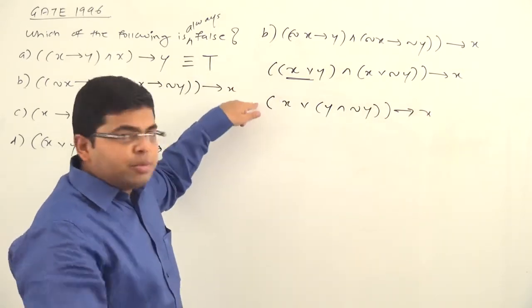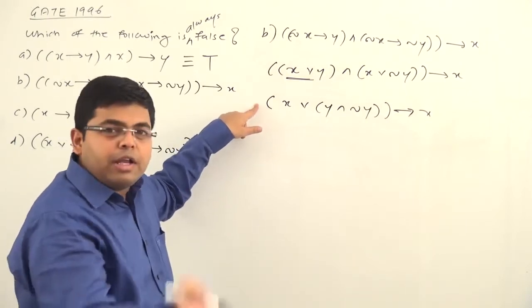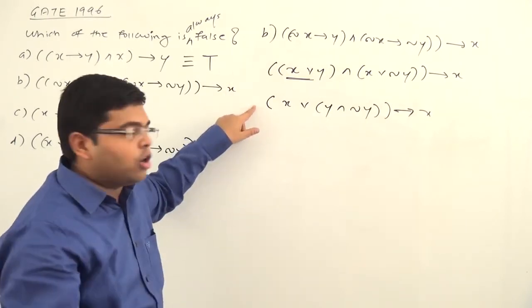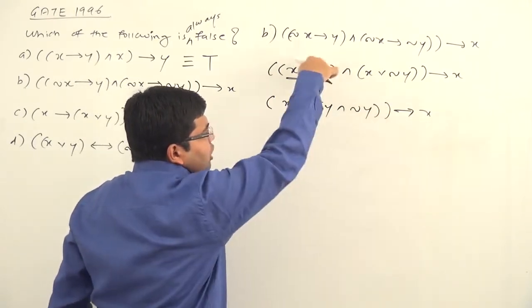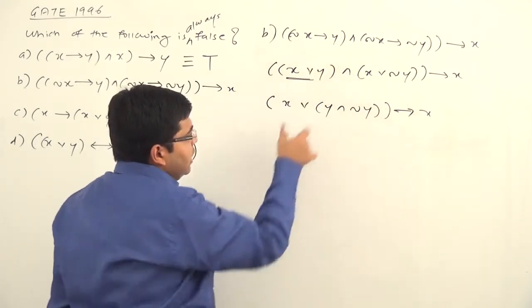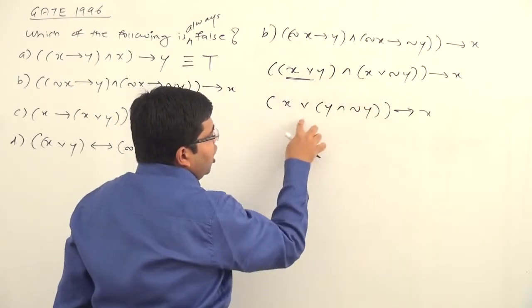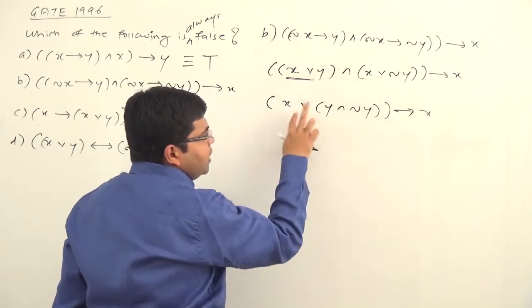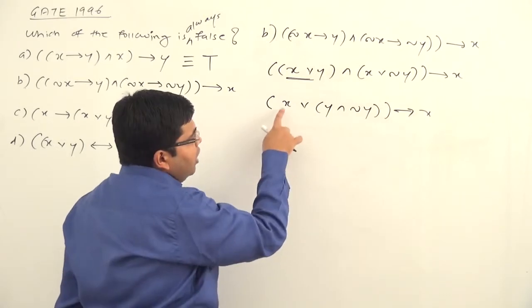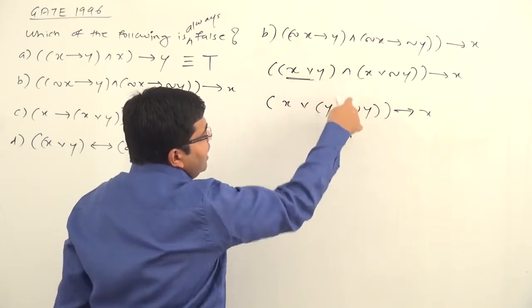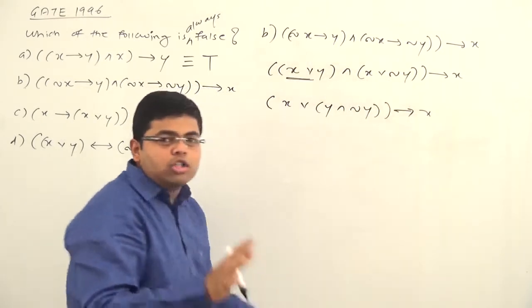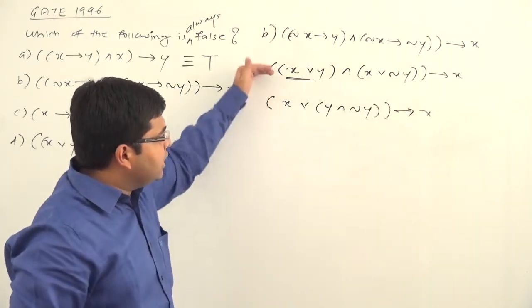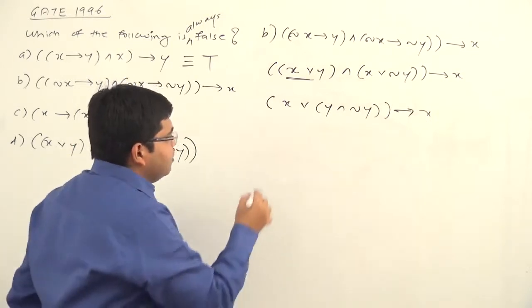Whenever you apply distributive law in the reverse direction, you can verify that you have done the correct application or not, and you try to solve this particular bracket. We should get back the original formula, original term. So x or y and negation of y, if you apply the distributive law, what will it become? x or y and x or negation y, which is exactly what it was earlier. So we have done the correct thing, and now we can solve further without any mistake.